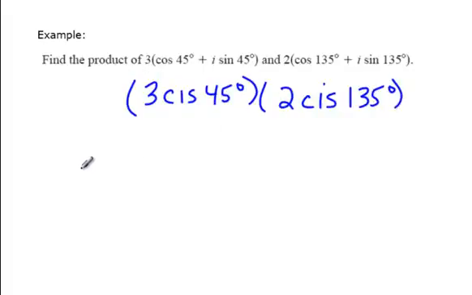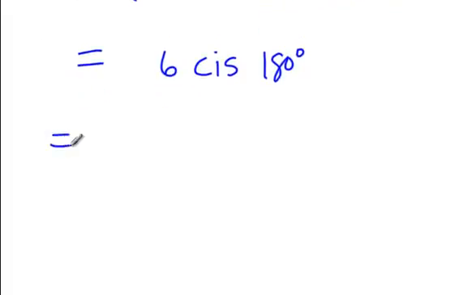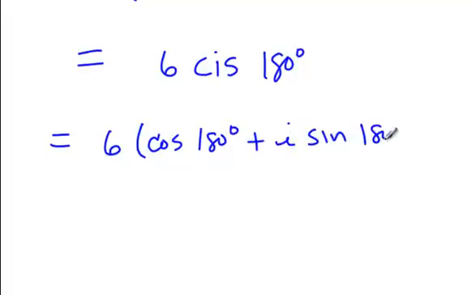So using our new property, that product would be 3 times 2, or 6, cis 45 plus 135, which is 180. So we can actually simplify this one a little more. Why? Because 180 degrees is a special angle. So let's write this out in unabbreviated form. This would be 6 times cosine of 180 plus i sine 180.